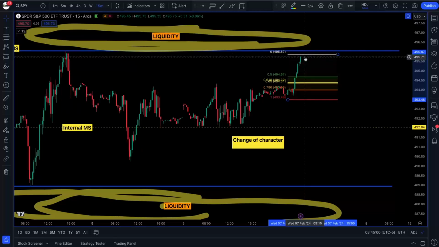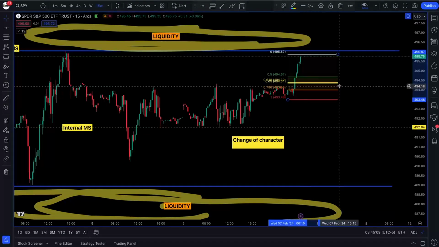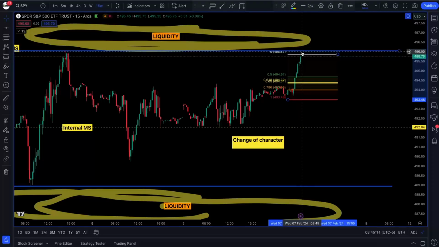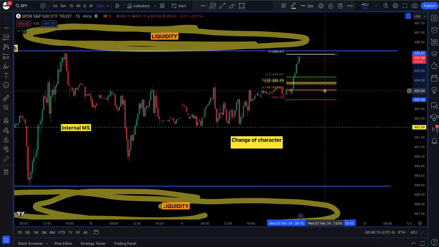Now you may say, well, hey, could this be resistance? Could it reject off of this level and head back down? That's possible too. It could come up here, it could grab some liquidity with a wick, and then come back down. So we don't know what's going to happen. All we can do is be patient.